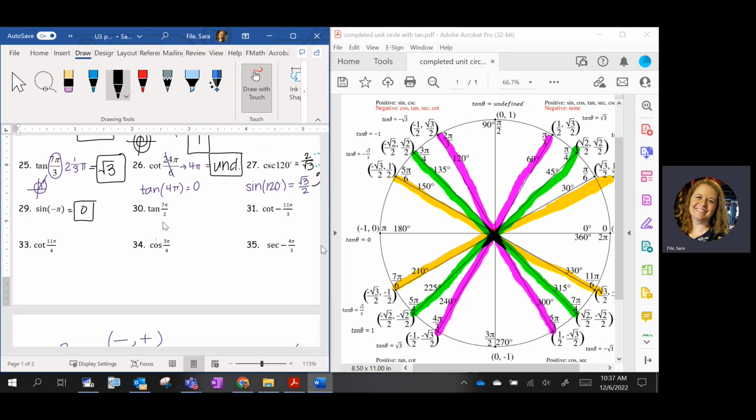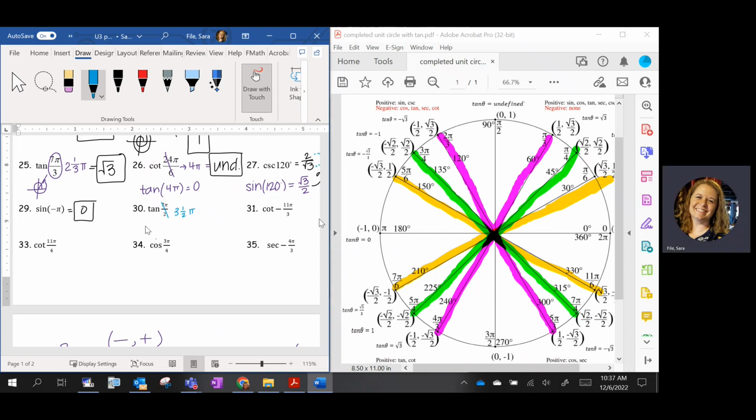Okay, tangent at 7 pi halves. If you want to change it to a mixed number, go for it. 7 pi halves, 2 goes into 7 3 times with 1 left over, right? So 7 halves, that's the same thing as 3 1/2.